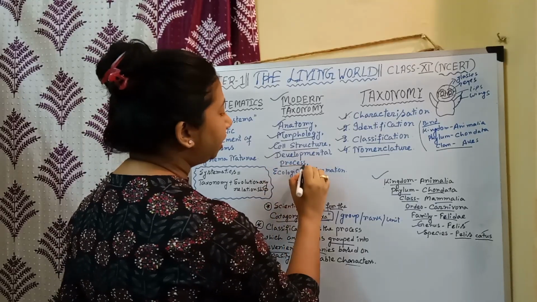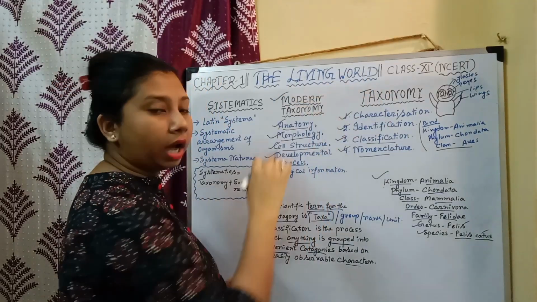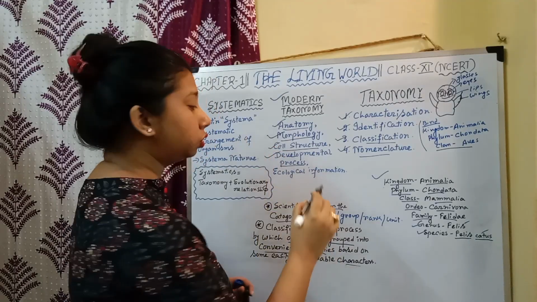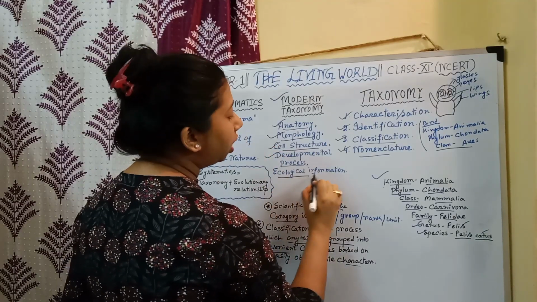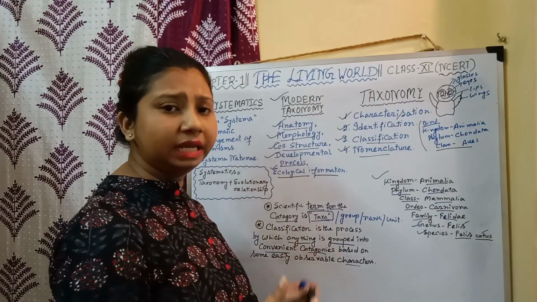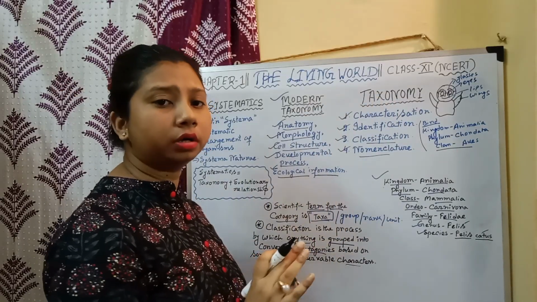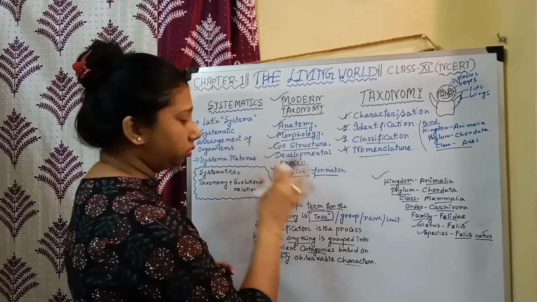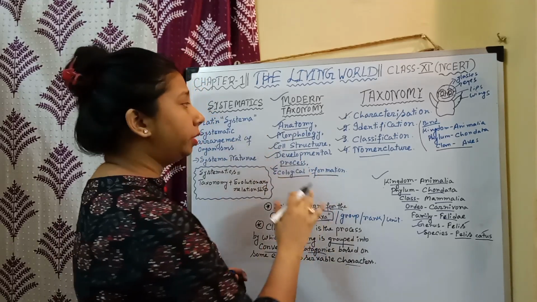And the developmental process, how this unknown organism develops from the embryo. And ecological information, that means where this organism lives and how it interacts with other organisms in its surroundings.